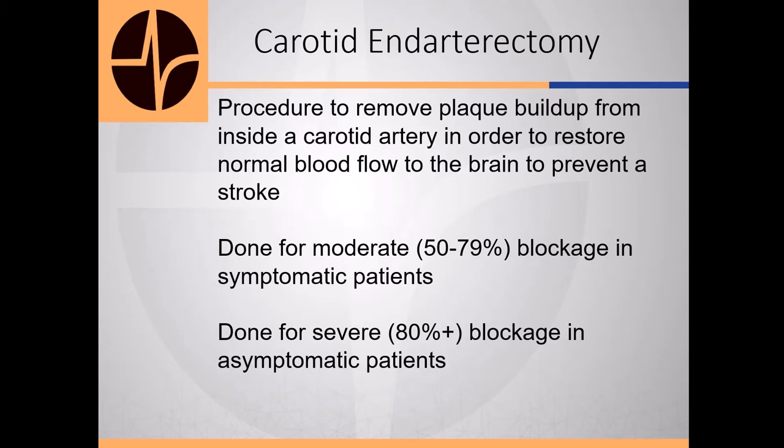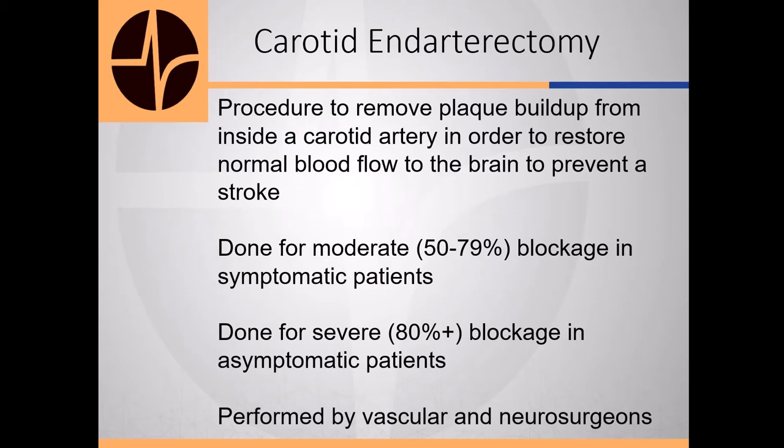What side do they normally operate on first? Well, they normally operate on that 90% side first because they know there's not a lot of blood flow getting through there, so that 70% is probably letting some collateral blood flow come through. They want to maintain that, so they'll do the worst side first.